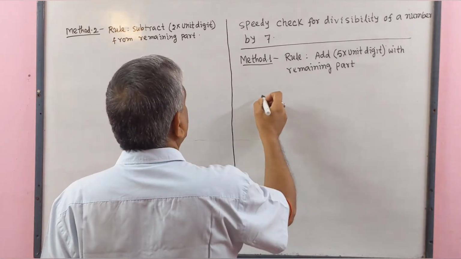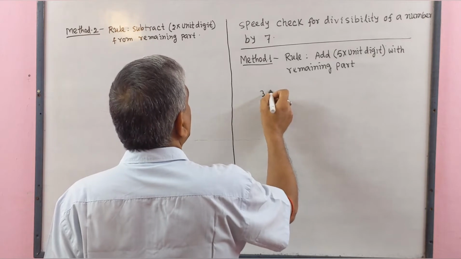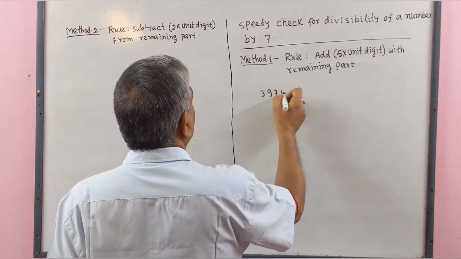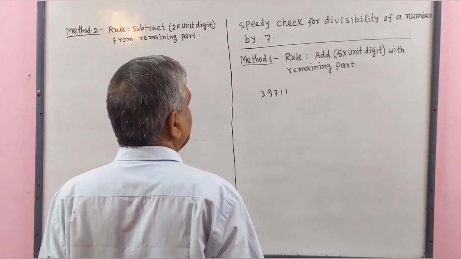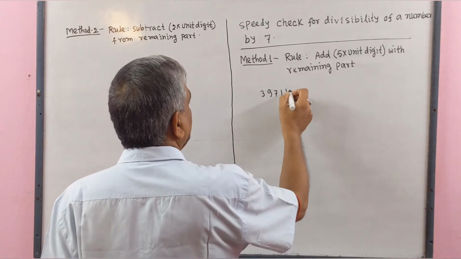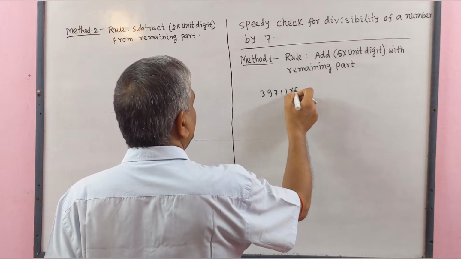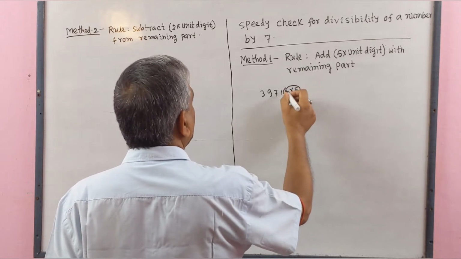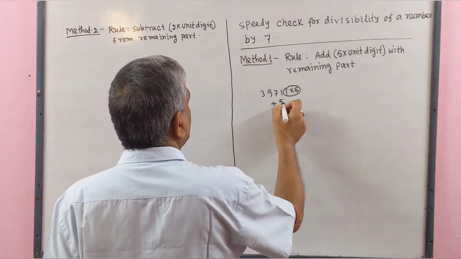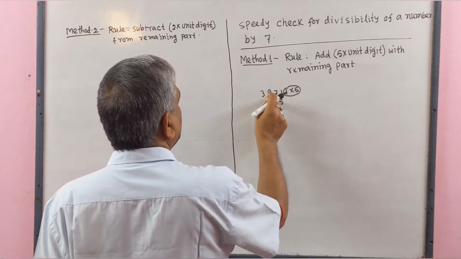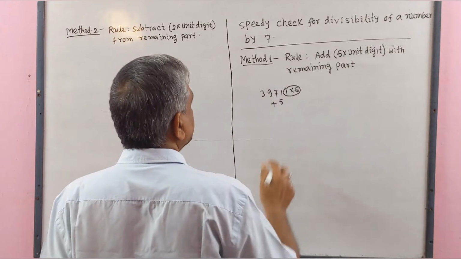Let us have a number, 39711. 1 is the digit in the unit place. We multiply this by 5 and then add it to the remaining part. This is the remaining part, 3971.